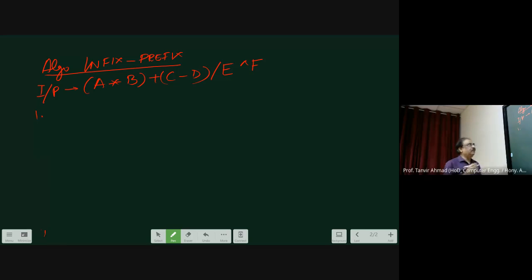First of all, I will reverse the input expression. Now this is the expression which I have to reverse. Reverse it means from right to left it will be f exponent e slash, but the brackets have to be maintained like that. You are not going to move the bracket; the bracket has to be over there.